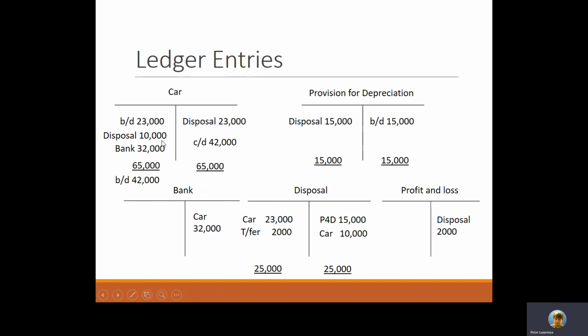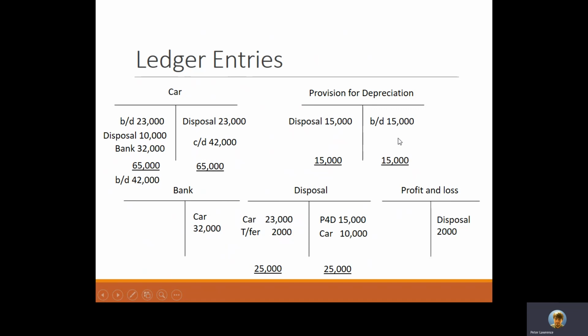Now what that leaves us with is a new car worth a total of 42,000: what we've paid plus what we received in part exchange for our old car. So you can see there the brought down is 42,000, which was the value of Mo's new car. It's made up by £10,000 for our old car and £32,000 which we have paid.